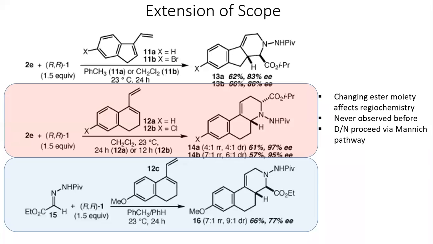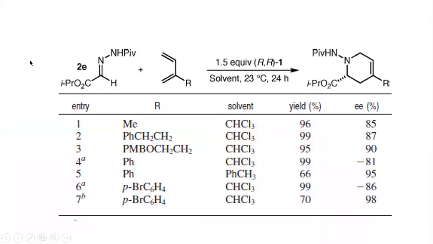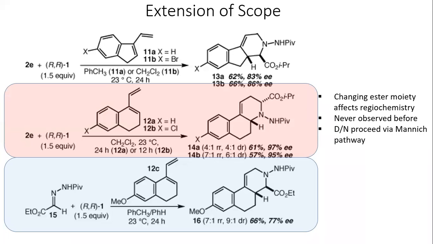And so as an extension of the scope, they wanted to use this particular reaction to generate these tricyclic, heterocyclic ring systems, right? So you can see right here, if you're starting with this as your backbone and you do a 4+2, you're going to put another 6-member ring right here, right? So 2E is this, right, where there's a tert butyl group here on the amine here, and then your promoter, 1.5 equivalents of that, and then either toluene as the solvent or dichloromethane.